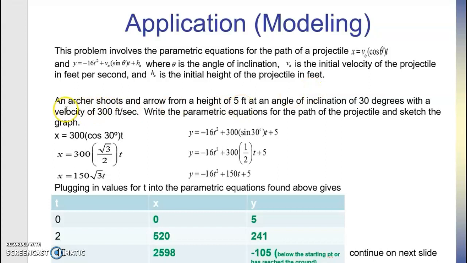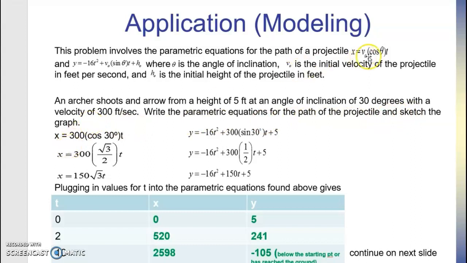Our problem reads, an archer shoots an arrow from a height of 5 feet at an angle of inclination of 30 degrees with a velocity of 300 feet per second. Write the parametric equations for the path of the projectile and sketch the graph.